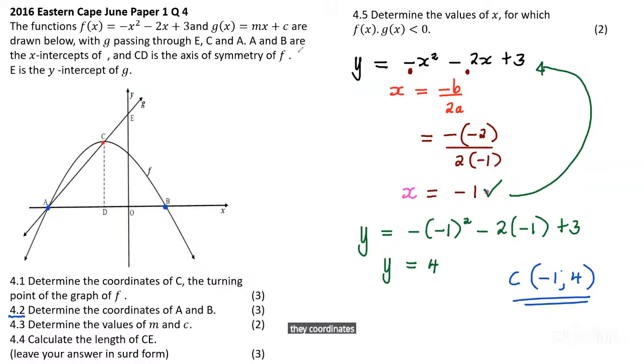Let's agree on something here. The A and the B are your x-intercepts. They must be occurring when y values are 0. Yes, the x value of A, I don't know. The x value of B, I don't know.